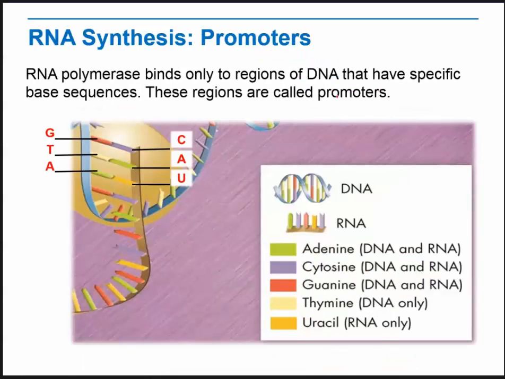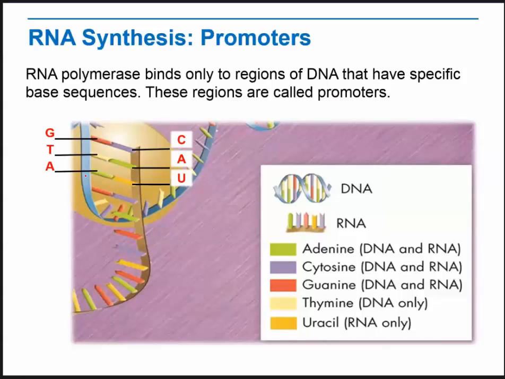So how does the enzyme RNA polymerase know where to start and stop making a strand of RNA? Well, RNA polymerase doesn't bind to DNA just anywhere. The enzyme binds only to promoters. Promoters, which have specific base sequences, tell the enzyme where to start transcribing DNA. So let's take a look at the process of transcription that's going on here.